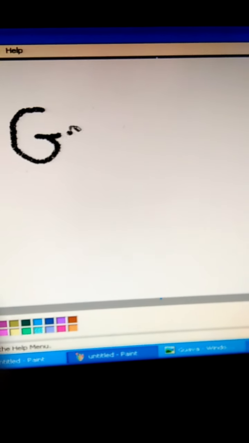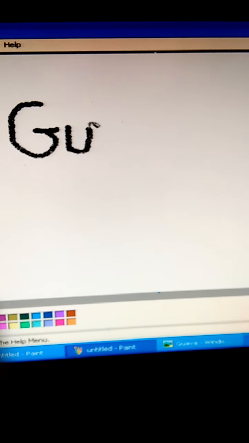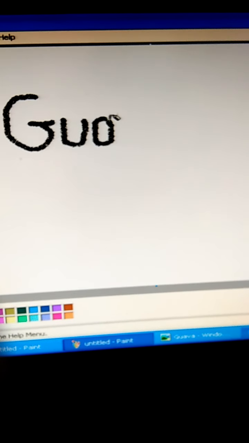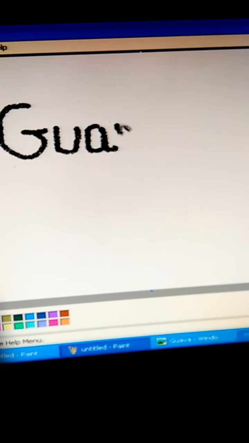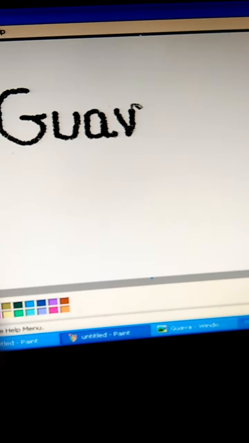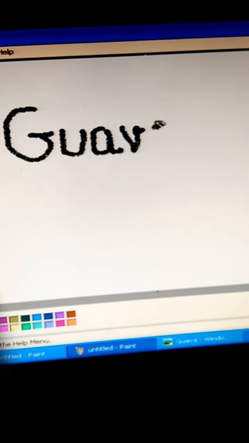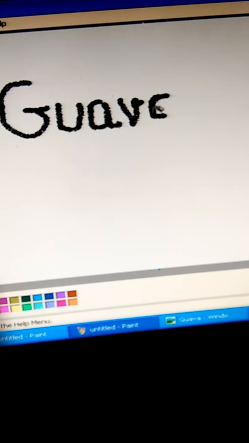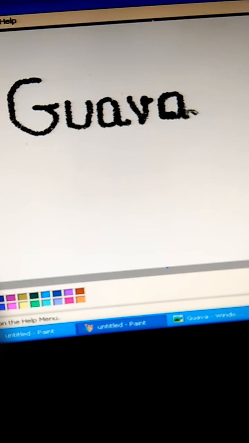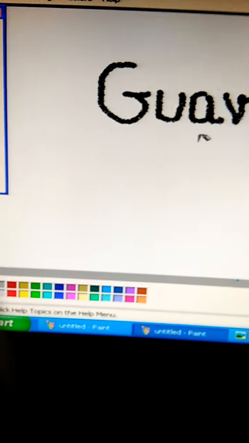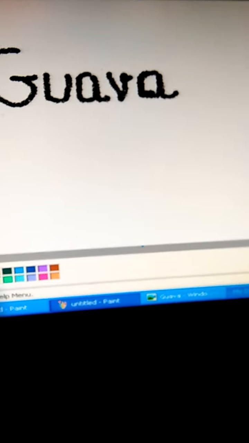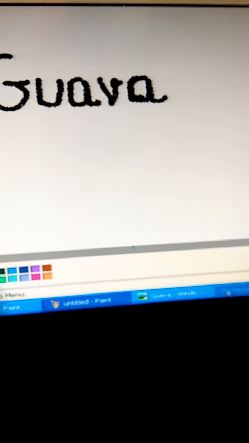G, U, A, V, A. This is the Guava. And in Hindi we can write this as Amrud.